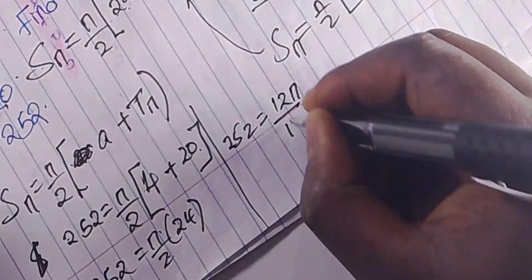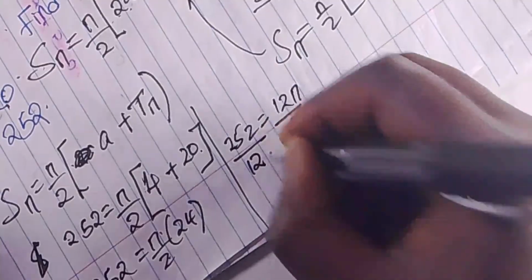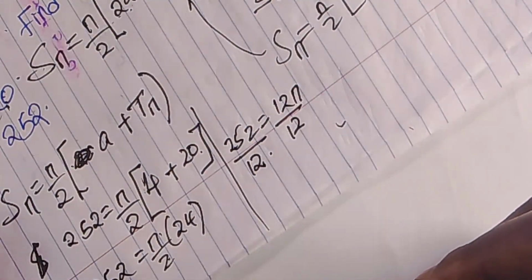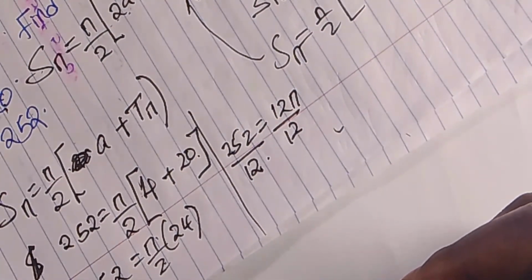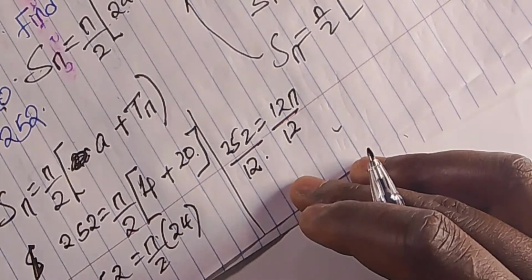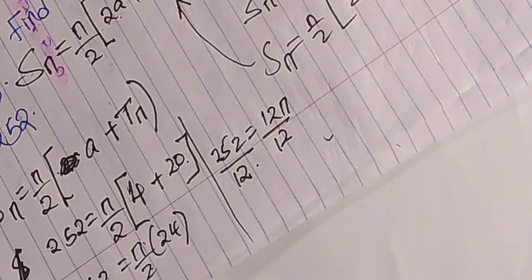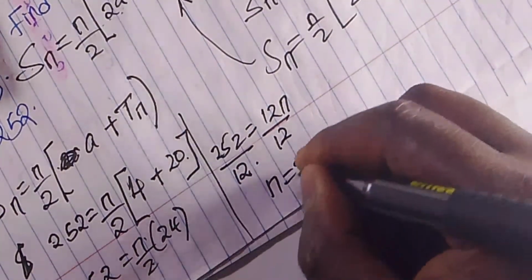So we divide by 12. What is 252 divided by 12? We get 21. So our n is 21.